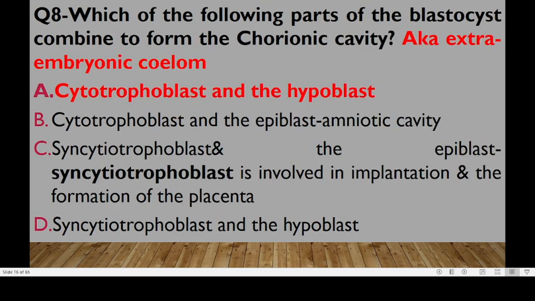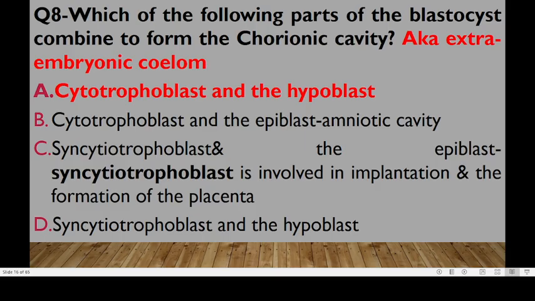Alright, so we are looking at, probably B could be a distractor. Remember, the chorionic cavity is also known as the extra-embryonic coelom, right? B could be the distractor, but you have to understand that the cytotrophoblast and the epiblast normally form the amniotic cavity.